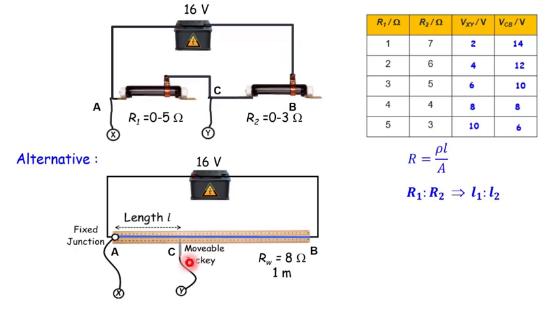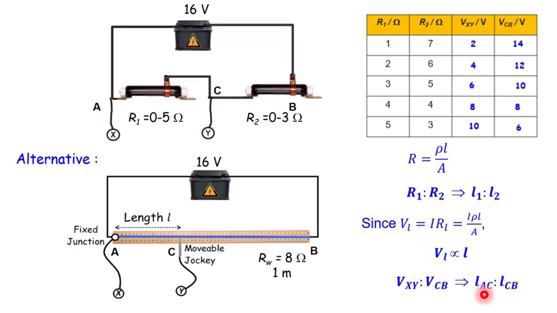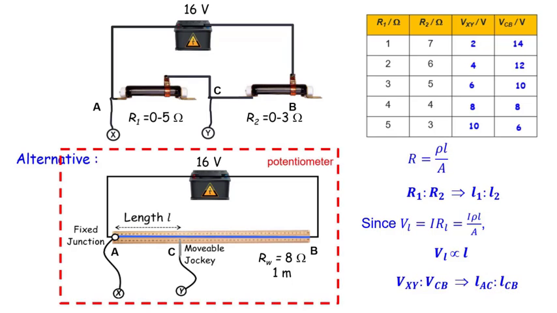If we further have the same current through the whole length of the wire, using V equals IR, we see that the potential difference across a length of wire L is also proportional to L. Hence, VXY to VCB equals LAC to LCB. This circuit that we have down here is known as the potentiometer circuit.